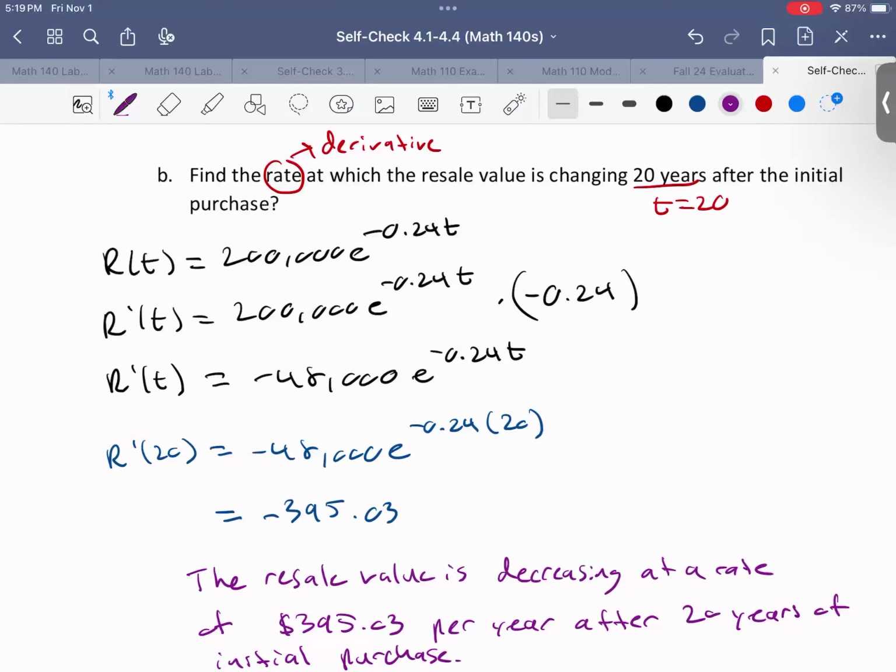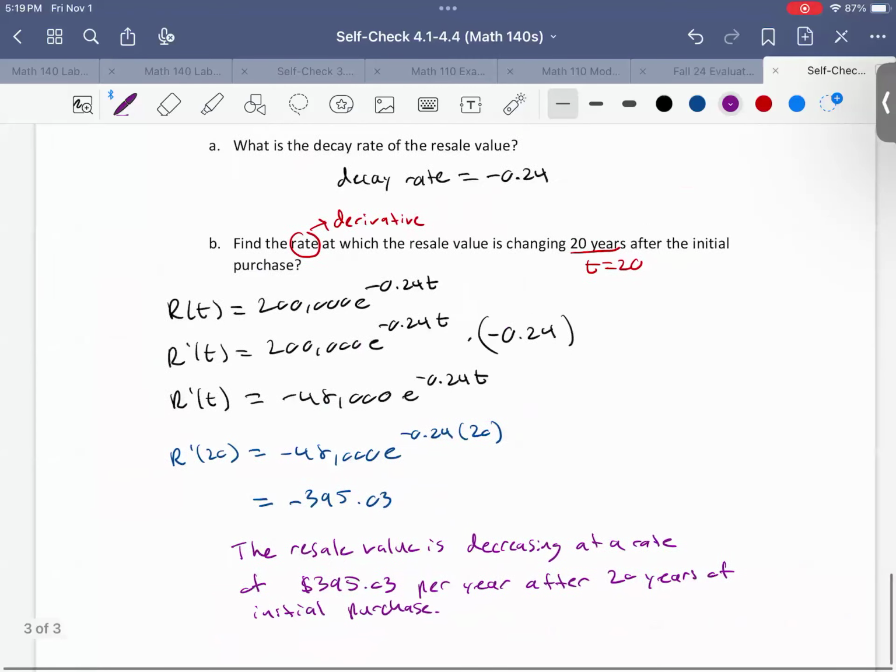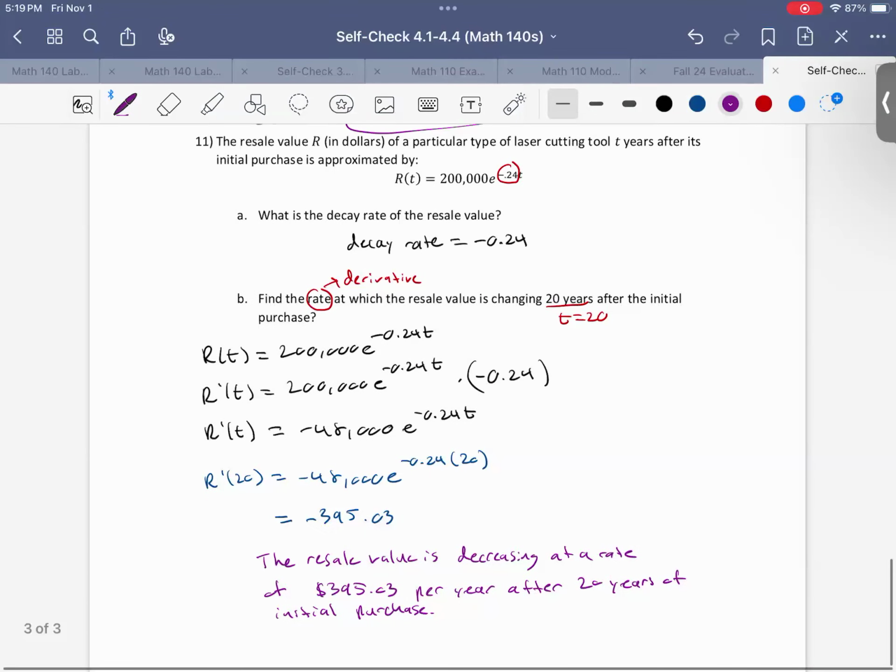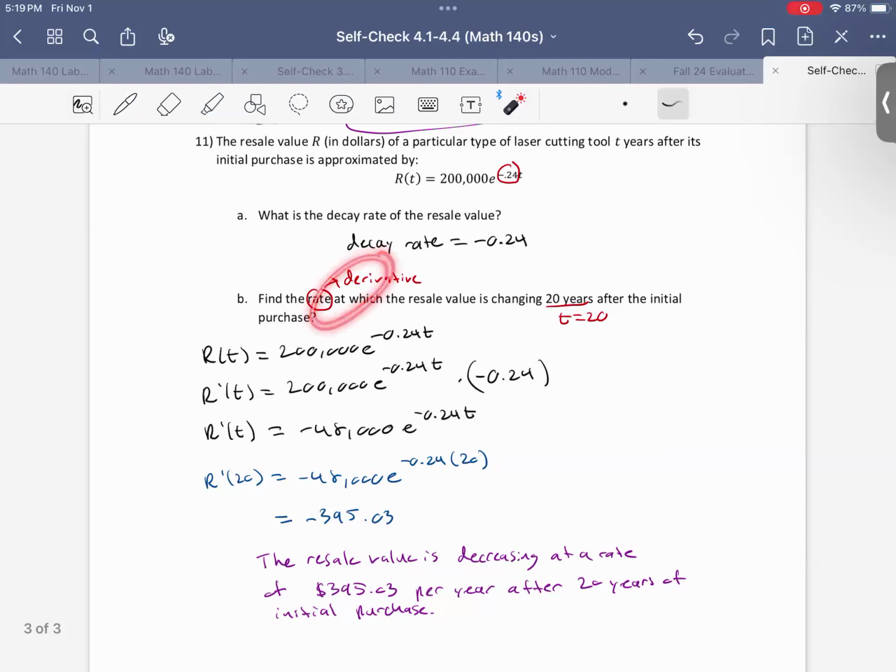But okay, that is how you would do this problem involving an application trying to find a rate at which something is increasing or decreasing using exponents.